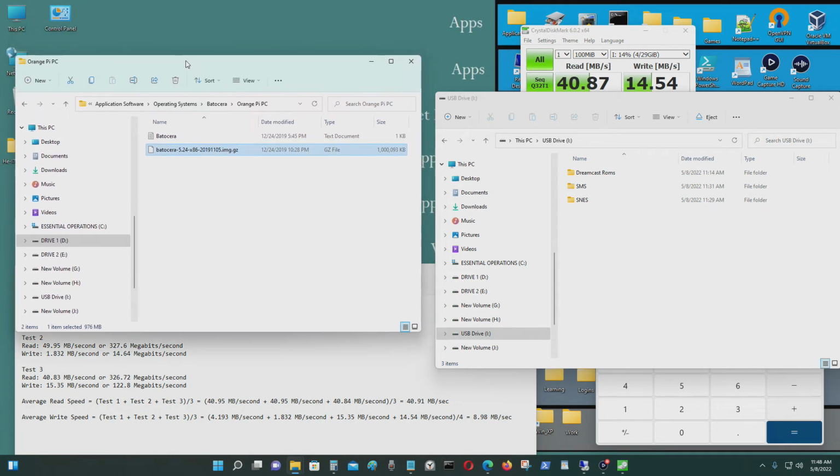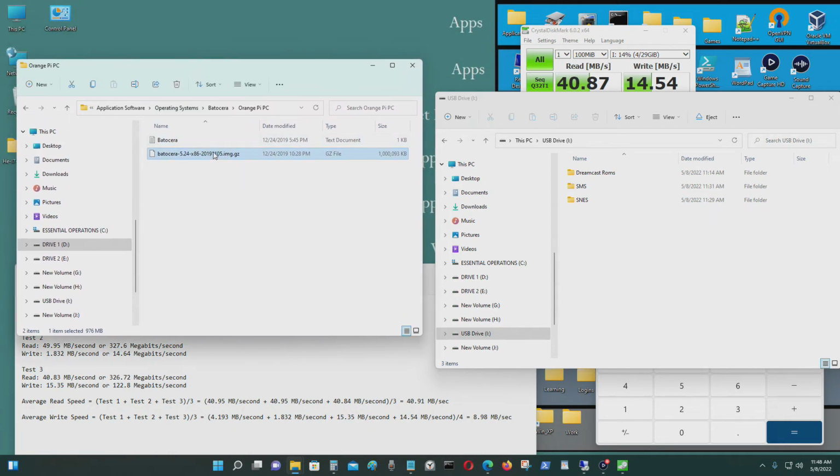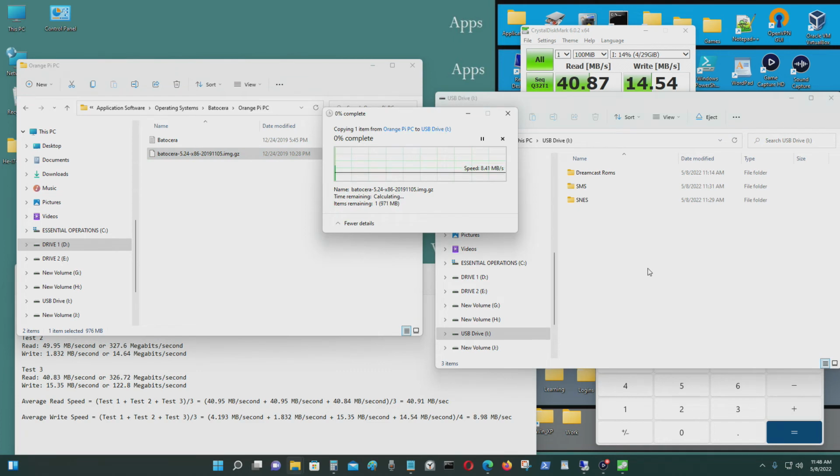Okay, I'll be transferring this 1 gigabyte file to this USB drive and see how long it takes. See what I get for the average write speed. This is the write speed basically. So it'll take about 3 minutes and 30 seconds to transfer this file. Now I'm getting some faster speeds, now it's slowing down. So it's fairly inconsistent. Now it's going back down to 2.08 megabytes, going back up.